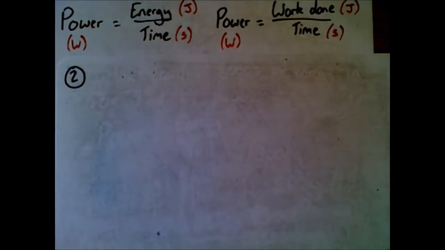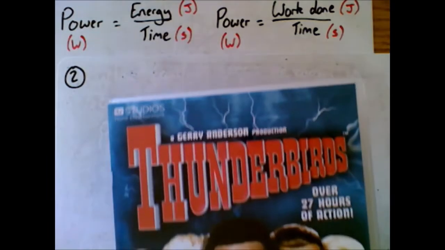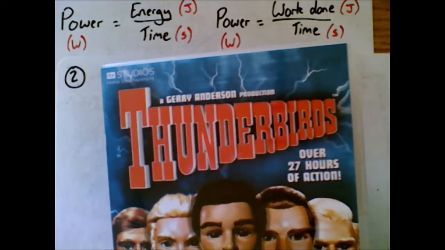So the cyclist has got home and wants to watch some TV. There's nothing good on TV, so they want to put on a DVD. They put on a DVD of the best program ever made. Just saying.